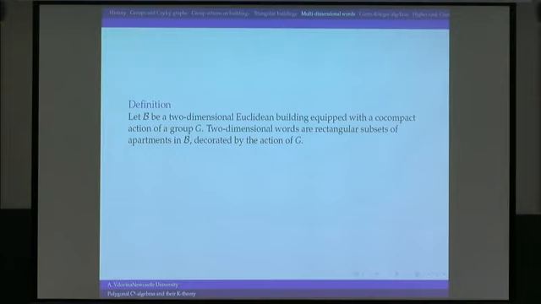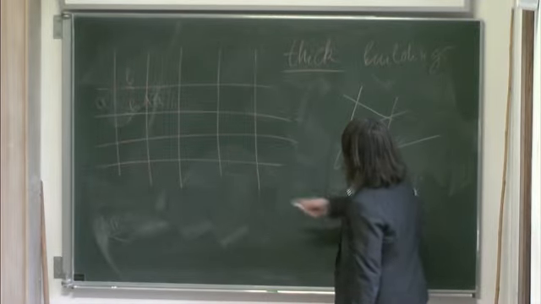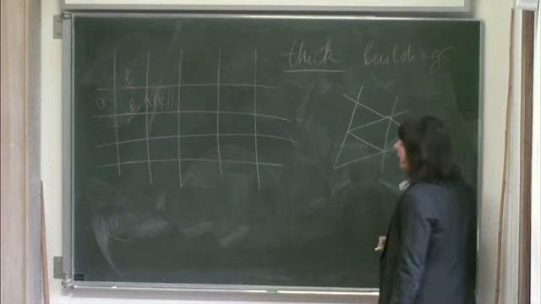So first of all, we have this building, and then we need to define the boundary of the building. How do we define the boundary of an at least 2-dimensional Euclidean building? Now we will talk about Euclidean buildings mainly. We saw how the apartments look, right? They are planes tessellated either by squares or by triangles.